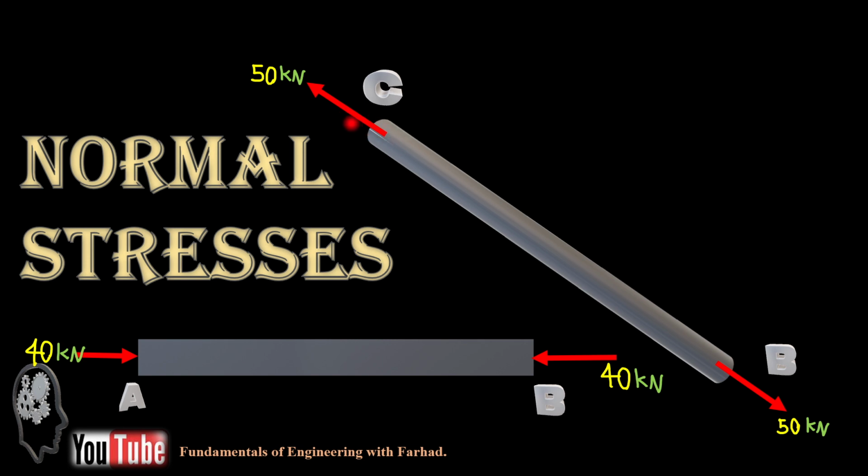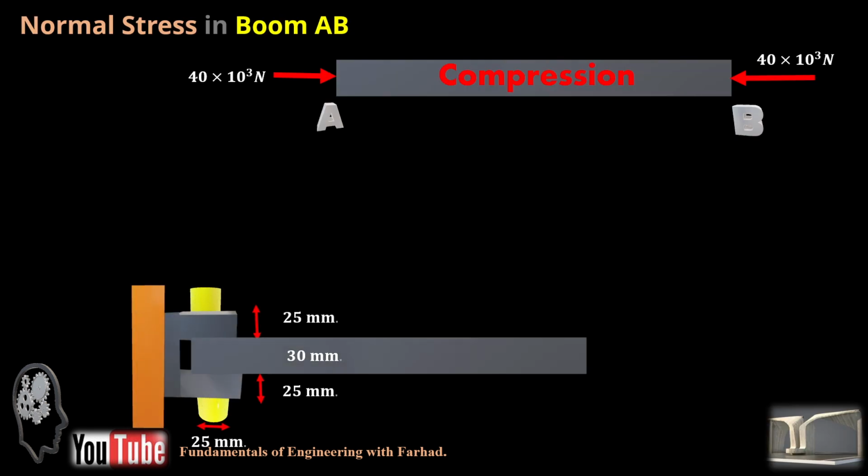I will provide you with a link so you can review how we get these forces. As soon as we know that boom AB is in compression and rod BC is in tension and what their forces are, then we can simply look at the structure.